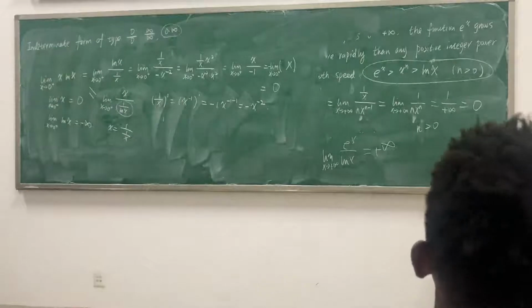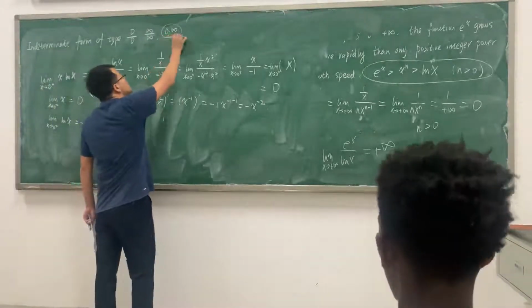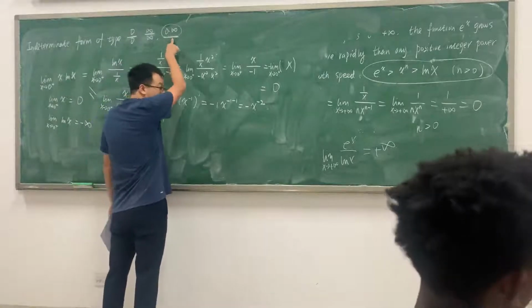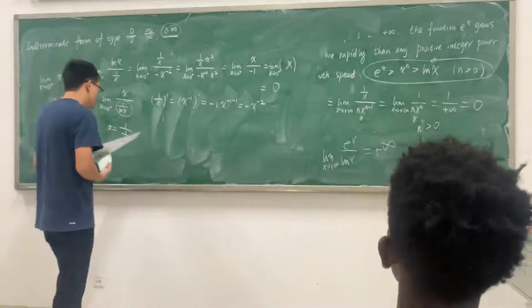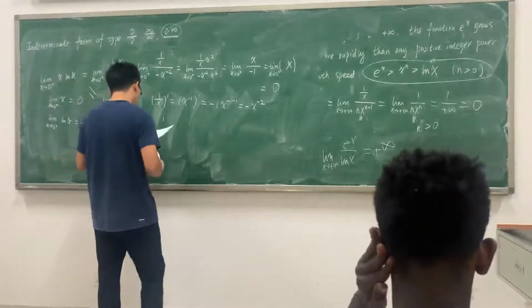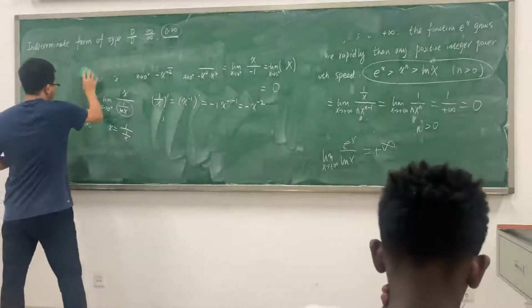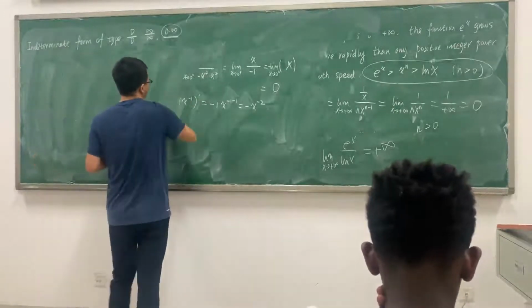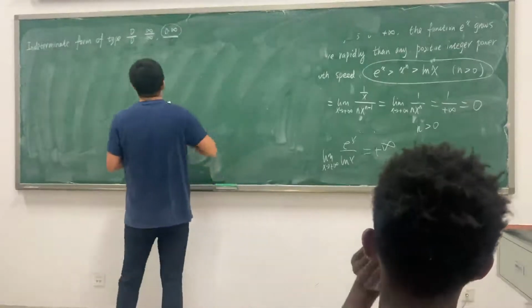So now, this is the third indeterminate form, okay? Now we have the fourth indeterminate form.